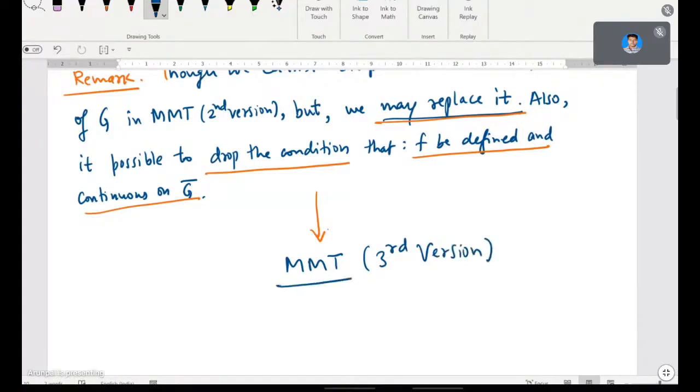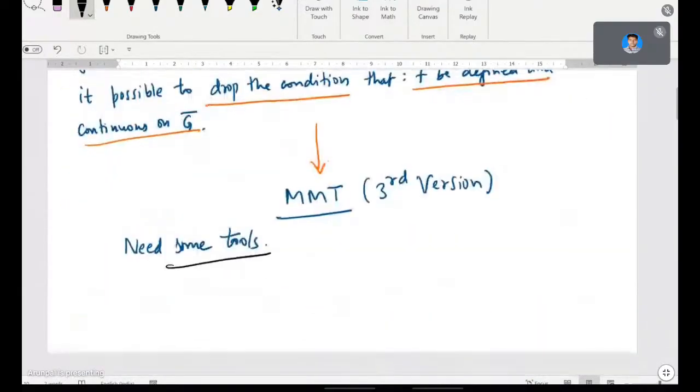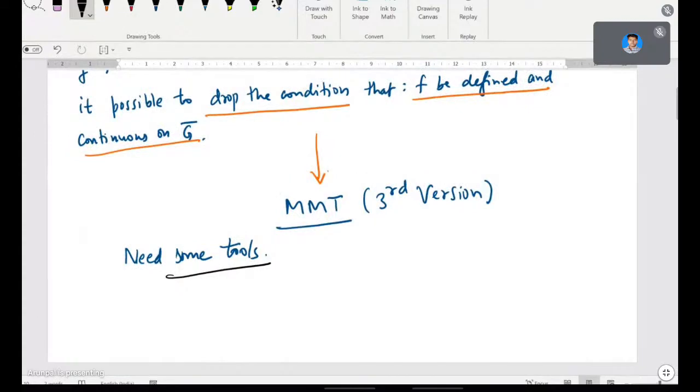But class, for this we need some machinery, some tools. So next time, first I will be introducing these tools, and then I will be finishing up with this third version of the maximum modulus theorem. So let me stop over here now. And with that, class, the first section of chapter 6 will be over. And then I will be back to chapter 6.